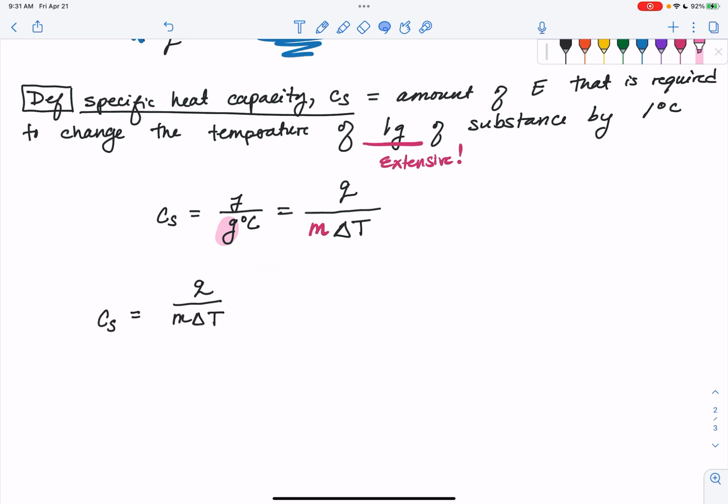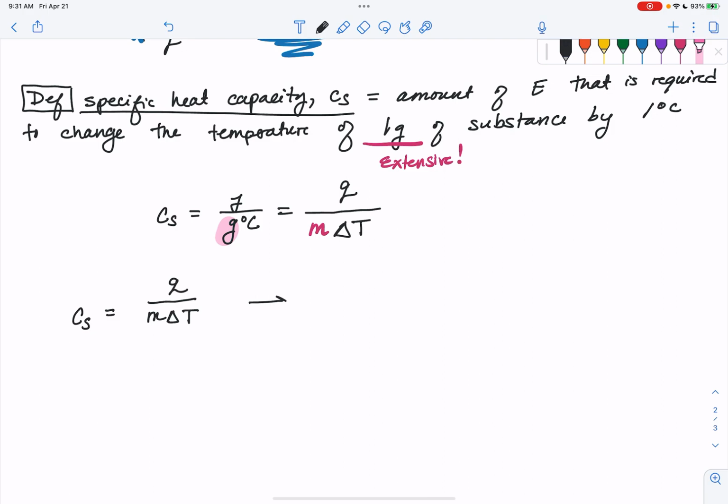This is how I like to think about how to quantify heat. This tells us all the relationships between things, right? It says that the amount of heat is directly proportional to the amount of substance you have in mass and the amount of temperature change you have.